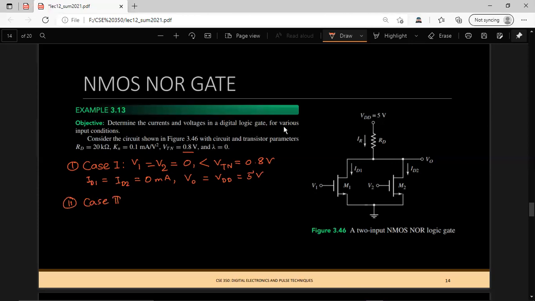Now let's move on to case 2. Case 2 is somewhat symmetric. We are going to consider one input voltage high and another input voltage low. So we could pick V1 high and V2 low, or V2 high and V1 low. That would not make any difference, because the internal parameters such as Kn and Vtn are the same for both of these two transistors.